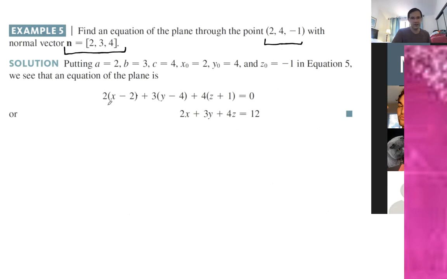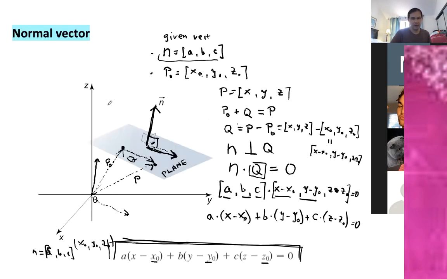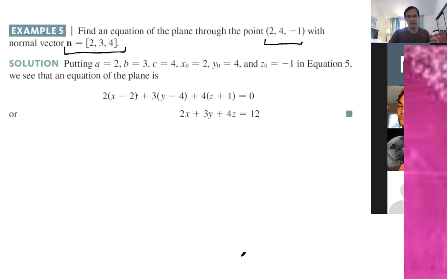So, if I have a normal vector A, B, C, I put the coordinates simply here, and then I have x minus x0, y minus y0, z minus z0, where x0, y0, z0 is the given point. Since we have derived this formula, this is very simple.